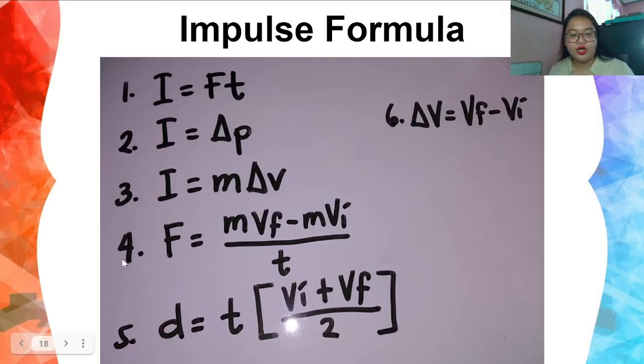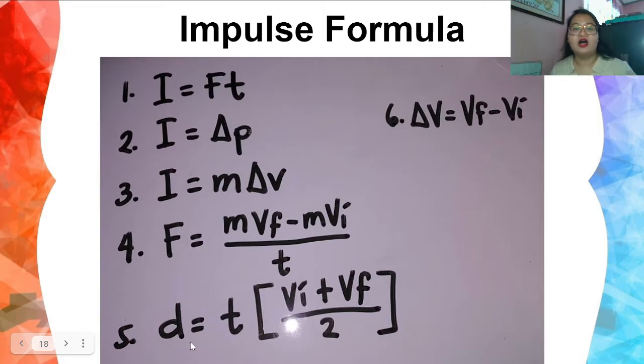And then number 4, we will be using formula number 4 if the problem asks for the force. So, how much force is acting on the object? So, this is the formula: mass times the final velocity minus mass times the initial velocity divided by the time. And then we also have number 5, which is the distance.